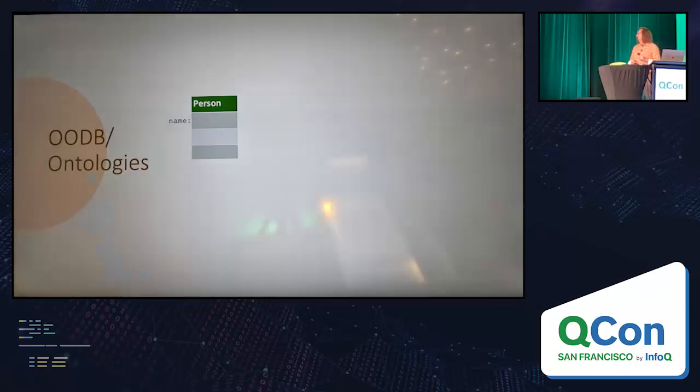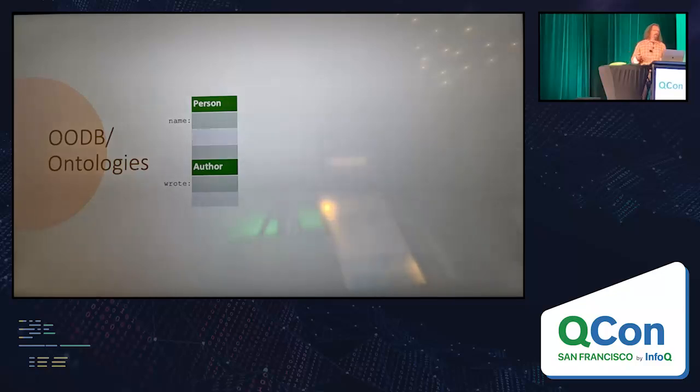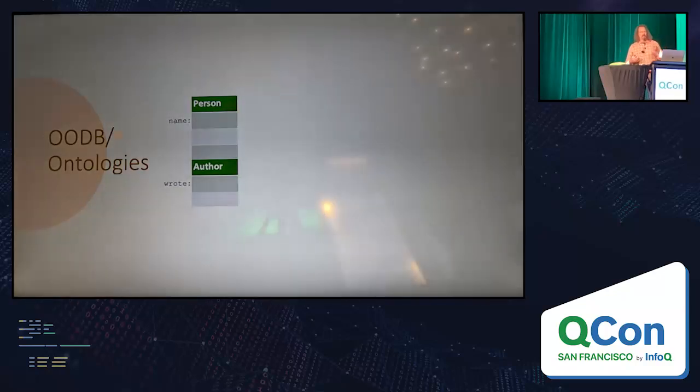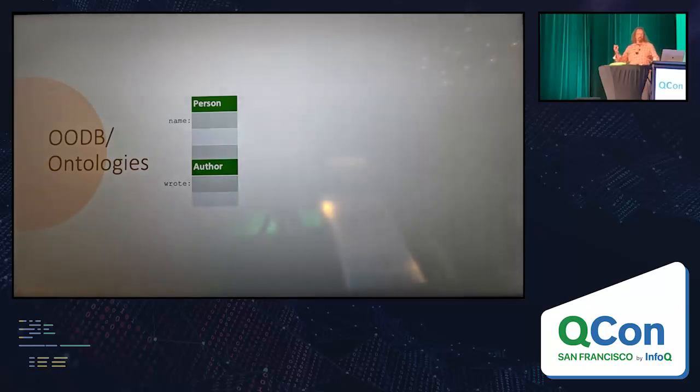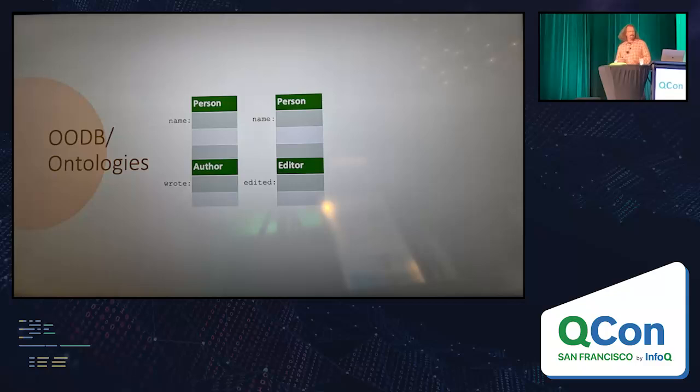So in this world, say we have a person, right? That's a base class. People have a name or something like that. And then we have a person who's an author, right? That's a subclass. We're just working on structure extension here, subclassing. No one could object to that, right? Okay, well, what if I have a person who's an editor? I can solve it the same way.